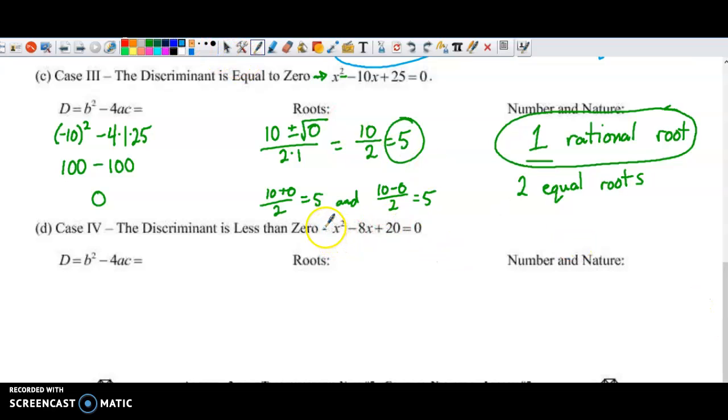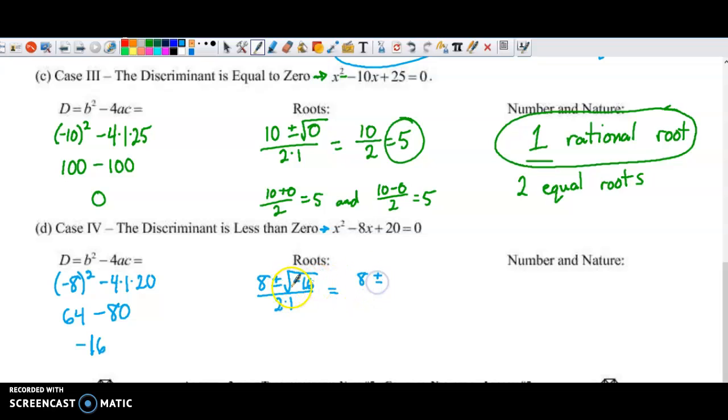And then our fourth situation is this one, where if you go through the process, I know it's negative 8, once you square it, it's going to be positive 64, minus 4 times 1 times 20. So we have 64 minus 80 is negative 16. So with a negative square root, 8 plus or minus the square root of negative 16 all over 2a, just a reminder that the square root of a negative makes it an i, imaginary, and the square root of 16 is 4.